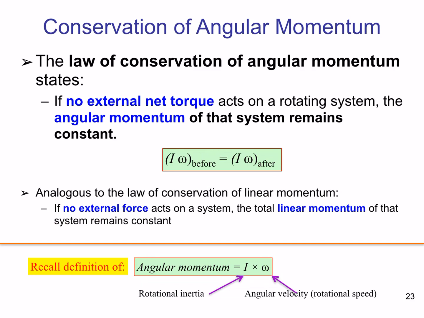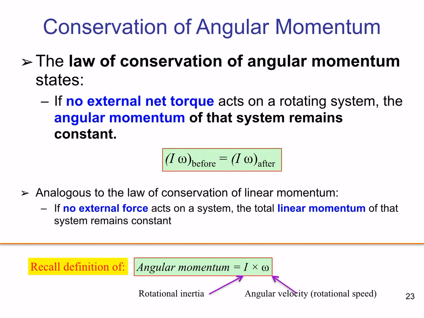This condition is also analogous to conservation of linear momentum, because what was required for linear momentum to be conserved was that there were no net external forces. So in the rotational picture, torque is analogous to force. That's why we require that there are no net external torques for angular momentum to be conserved. Or that's one way of thinking about it, at least.